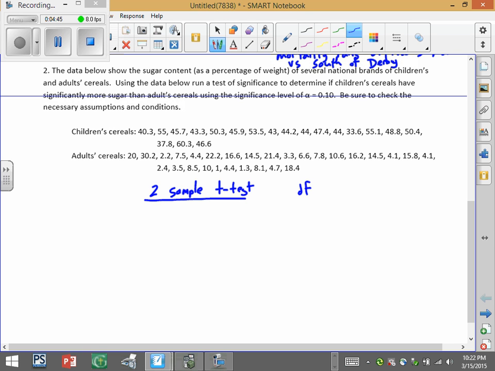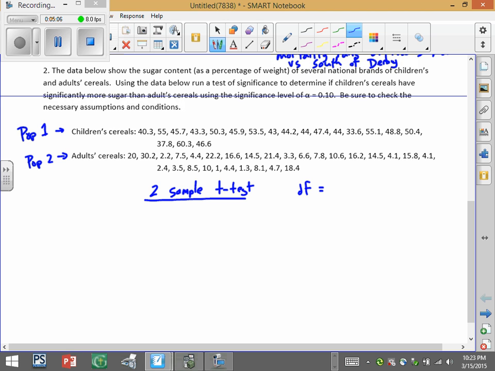Just be very, very careful putting things into the calculator. Here, population 1 is children's cereals, population 2 is adult cereals. Take a second to do this step, because that way a grader, a reader, can see easily which group is which, so you can know too if it's positive, negative, whatever we're looking for.